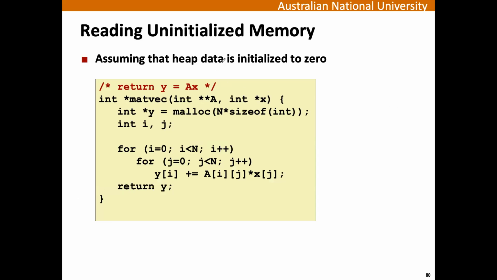Assuming that heap data is initialized to 0: malloc does not initialize heap data to 0, calloc does that. So here the programmer is assuming that the contents of y have been initialized to 0, and then trying to use it. Wait a second.